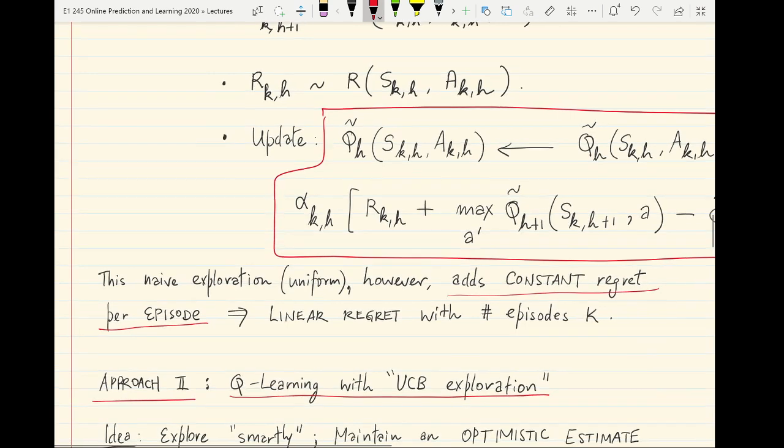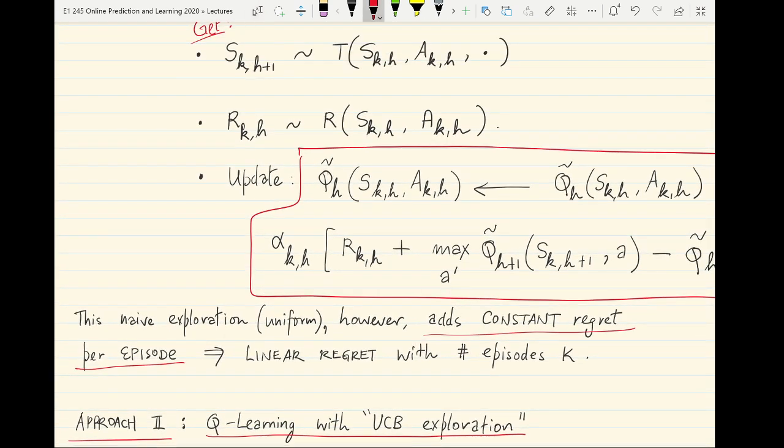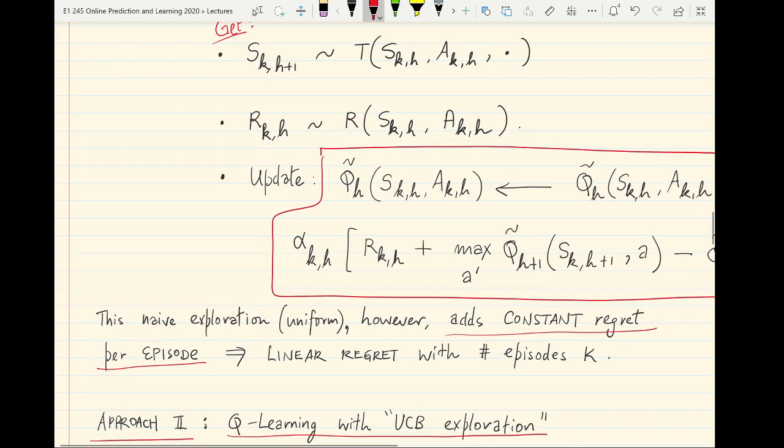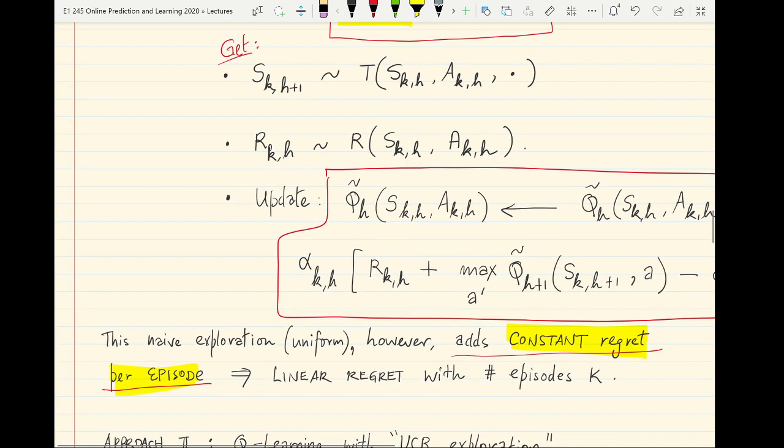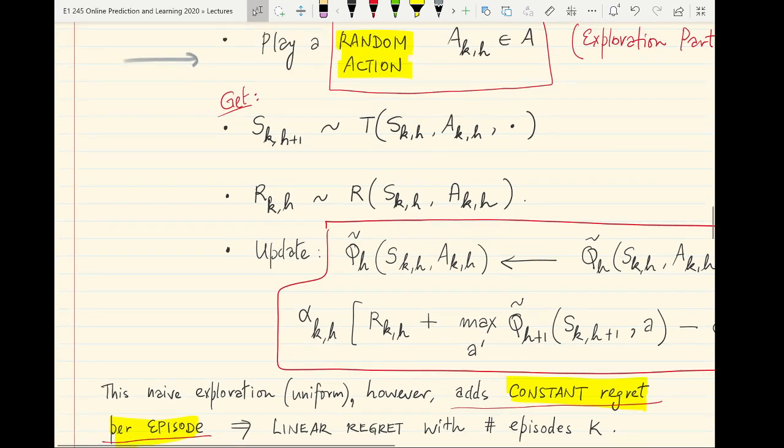So this is a very naive form of exploration which adds constant regret, because you're not really adapting from the results of your experience to change your policy over time. This adds constant regret per episode, which leads to basically linear regret with the total number of episodes.